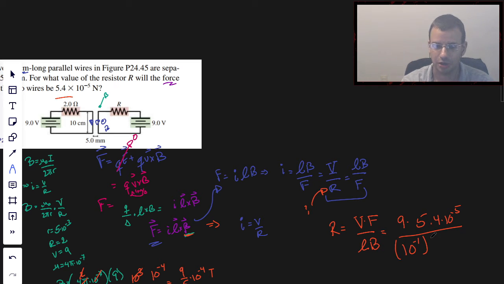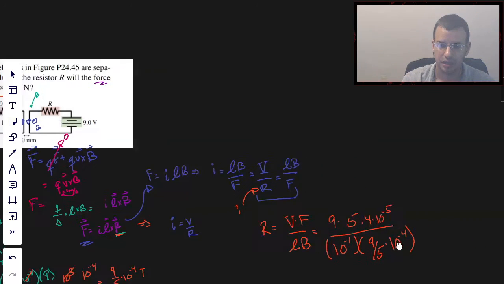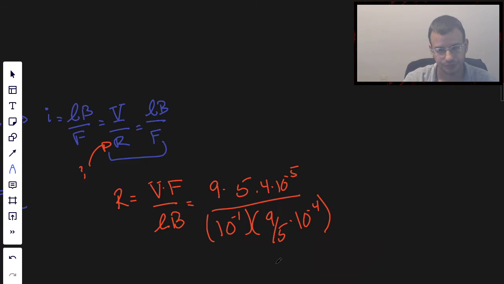I'm just going to write that because hopefully it'll be easier to cancel things later. Then 9/5 times 10 to the negative 4th is the magnetic field.